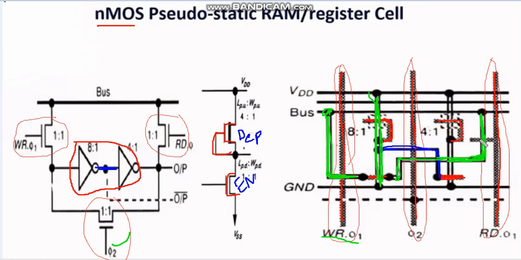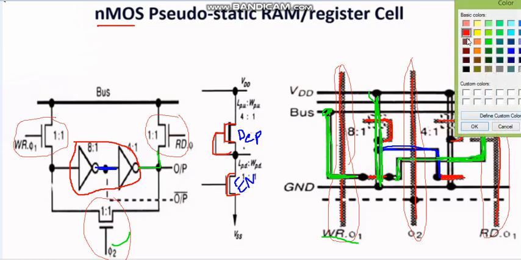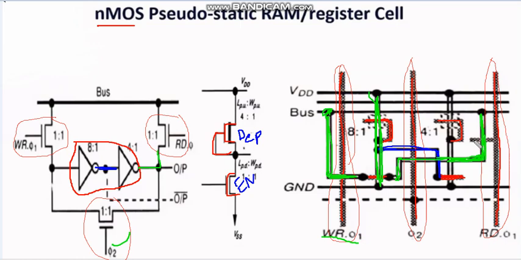Across this point, the output of this has been connected to one of the read pass transistors here. So the read pass transistor is here, and I will show the poly here. This is a poly, right?